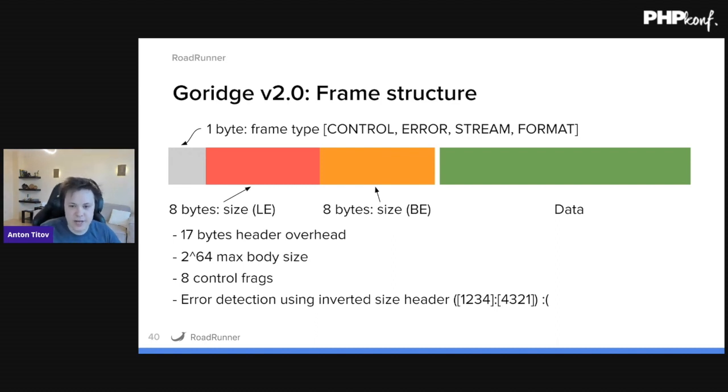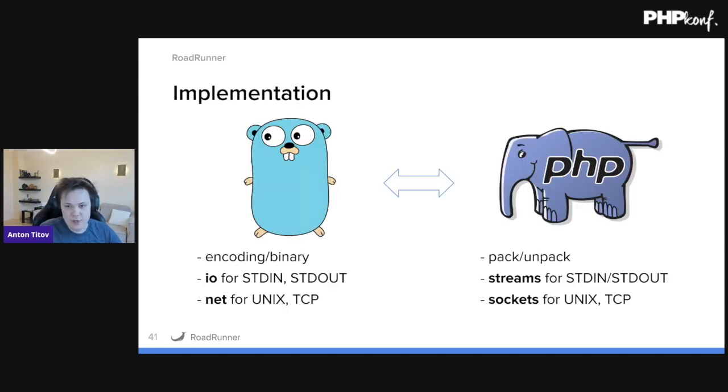You just send a frame, read the size, and read the rest. Implementing such a protocol is a fairly easy thing. In Golang, you can use default tools like the io and net libraries. In PHP, it's pack and unpack functions to work with binary data, streams for the standard pipes, and sockets for TCP and Unix sockets.